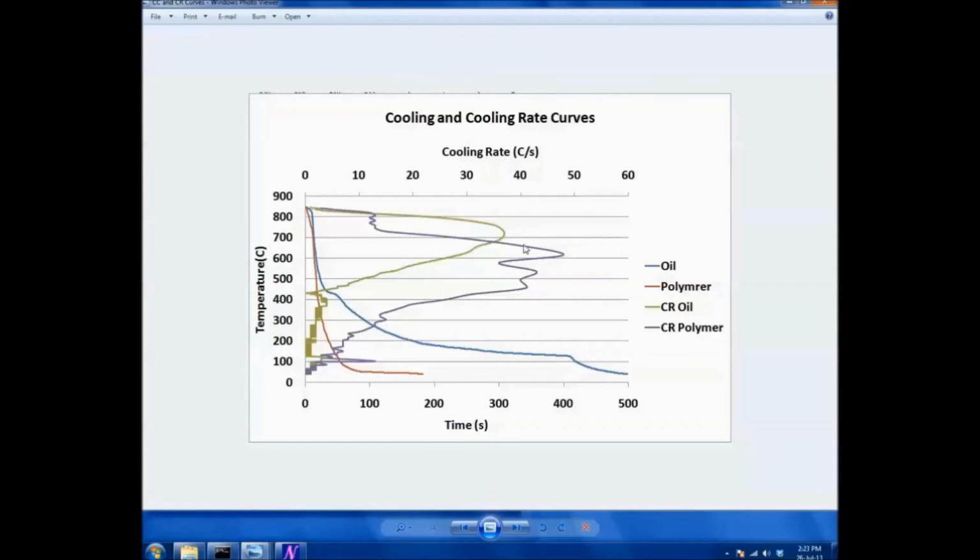However, in the case of polymer quenching, which is generally faster, you will see that a high cooling rate is maintained over a larger temperature range, and also it is considerably higher compared to the cooling rates with oil. Now, such insights can be obtained with reference probes, which is hitherto not possible.